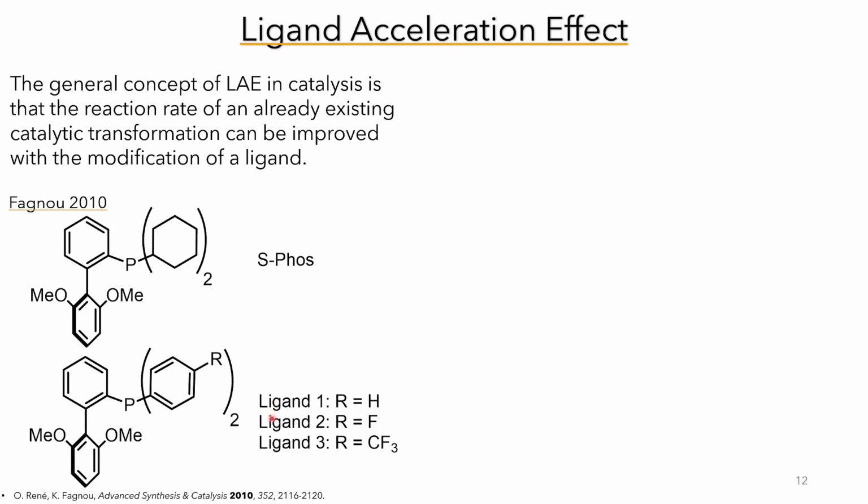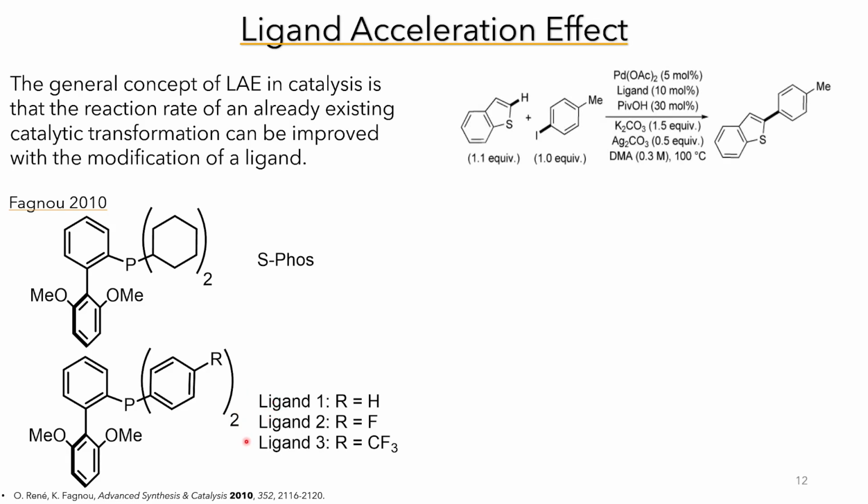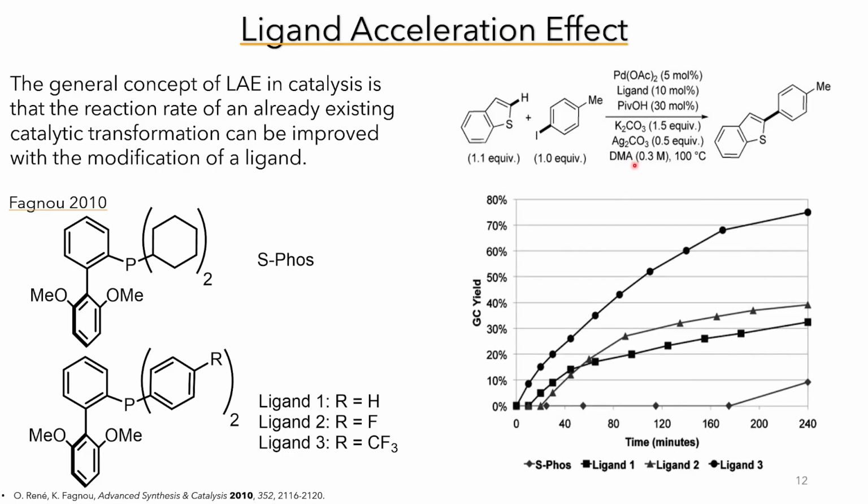This is increasing in terms of electron deficiency, and they observed for the specific cross-coupling here using palladium as a metal, a dramatic increase in yields and rates proportional to the electron withdrawing ability of the phosphine ligand. We see here that the trifluoromethyl group performed better than the fluorine, which performed better than the hydrogen, which performed better than the very electron-rich cyclohexyl.